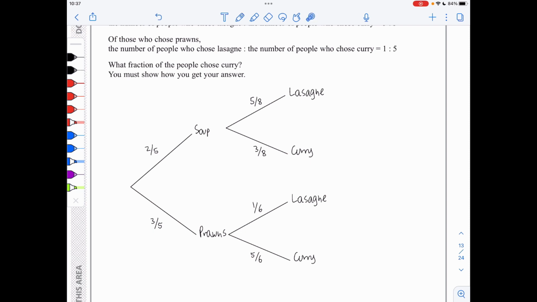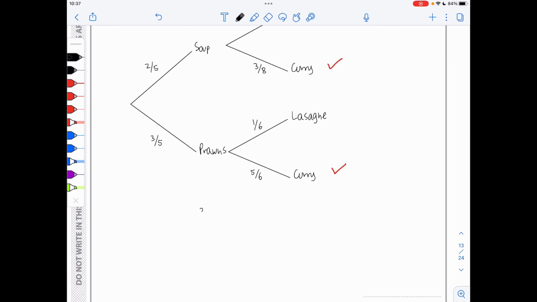Now, those that chose curry are those that went for a soup and curry or prawns and curry, so we want to end up here or here. So 2/5 times 3/8 plus 3/5 times 5/6 will give me the fraction that chose curry. This turns out to give an answer of 13/20.